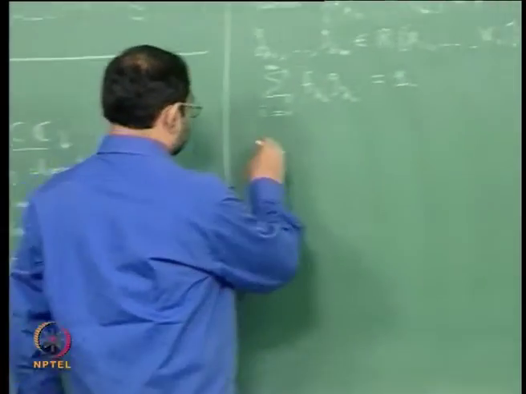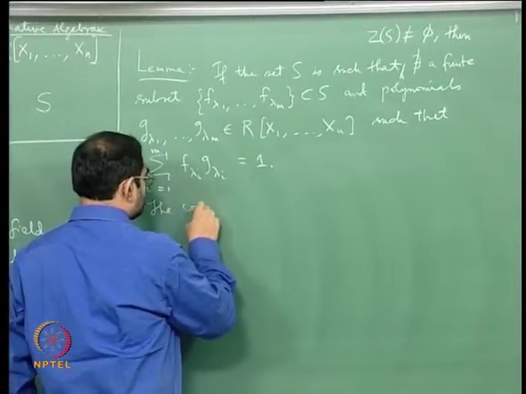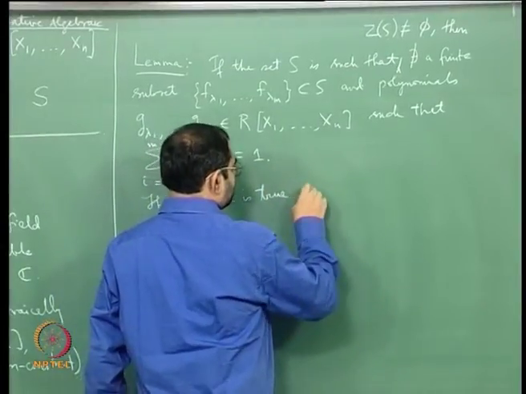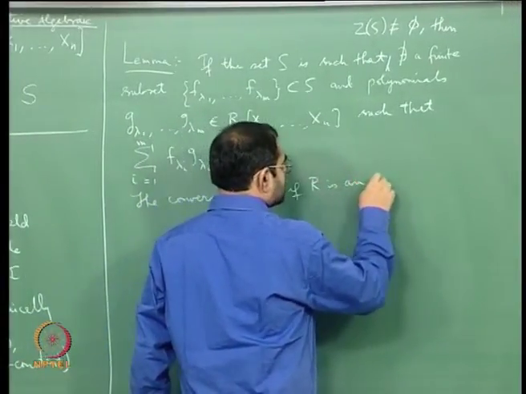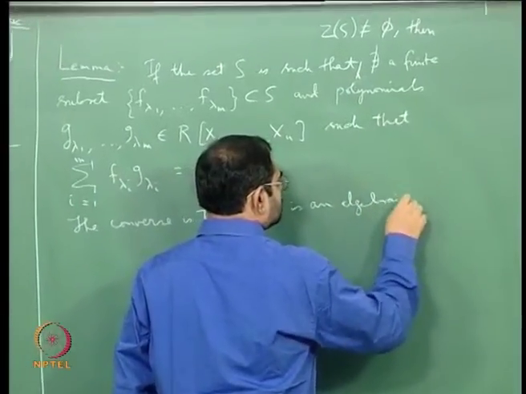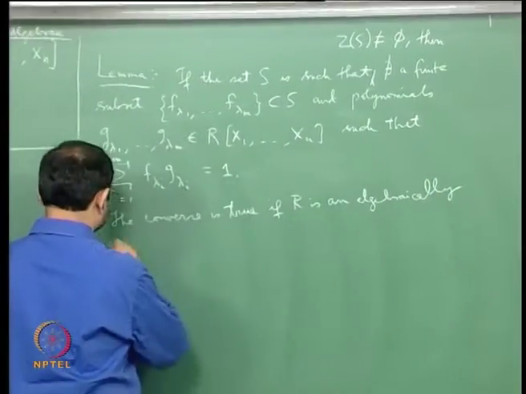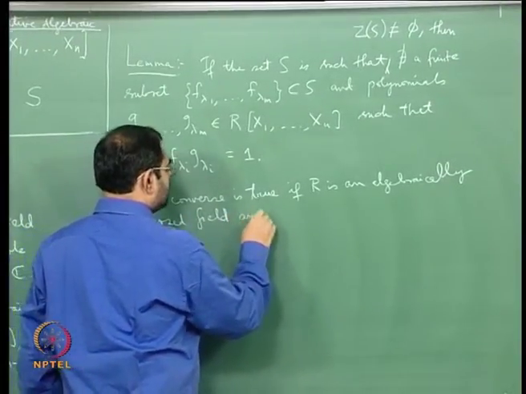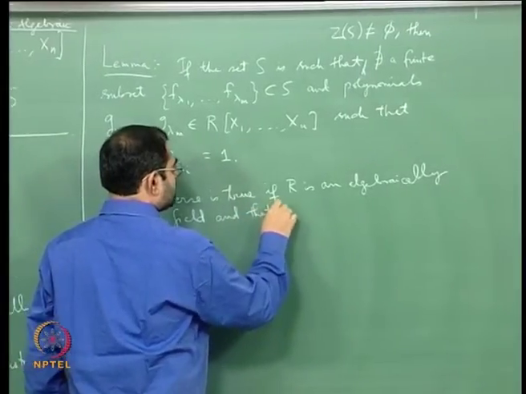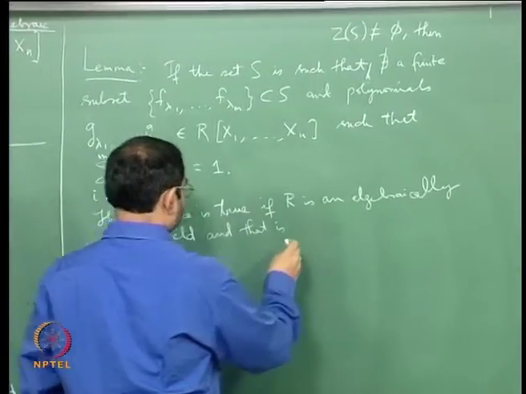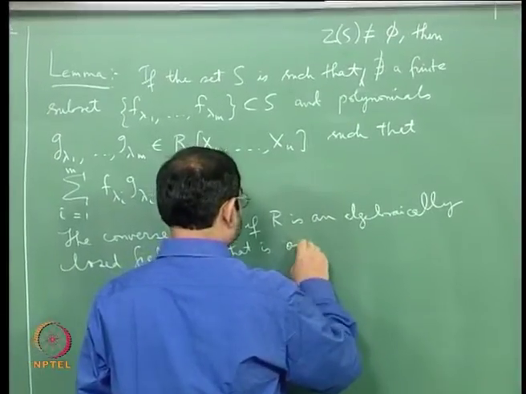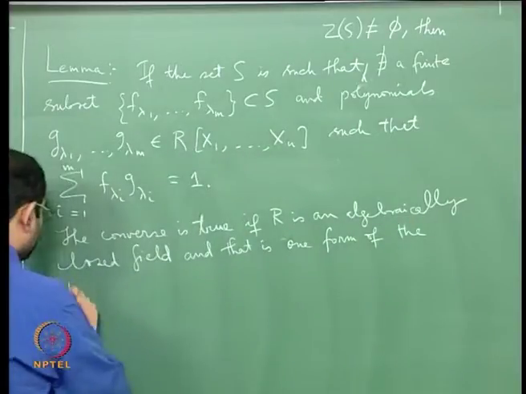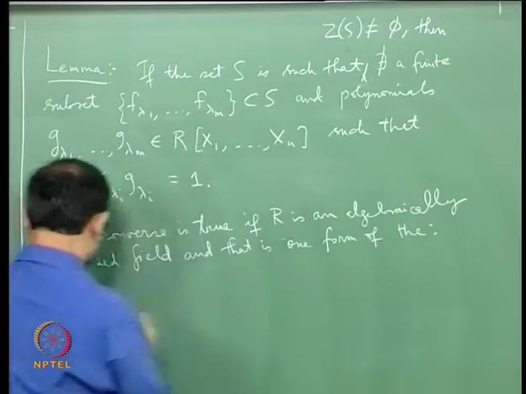So let me write that the converse is true if R is an algebraically closed field, and that is one form of the Hilbert Nullstellensatz.